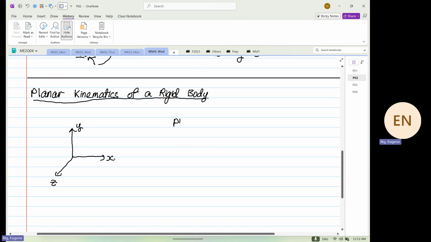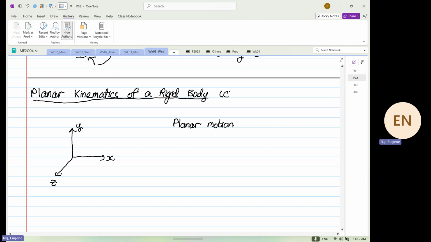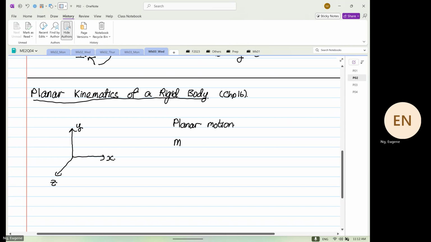When the word planar comes in, planar motion for example, whatever I teach, and this can be found in chapter 16, the motion is restricted to the XY plane, YZ plane, or XZ plane.